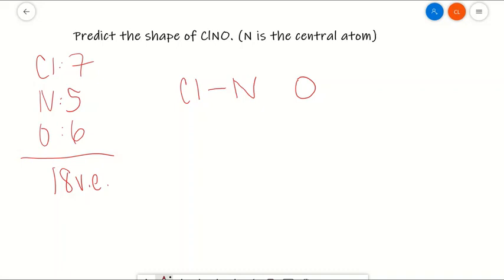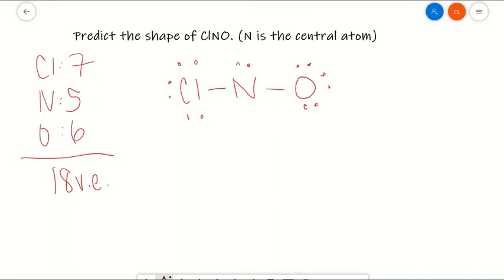So then you're going to go 2, 4, 6, 8, 10, 12, 14, 16, 18.